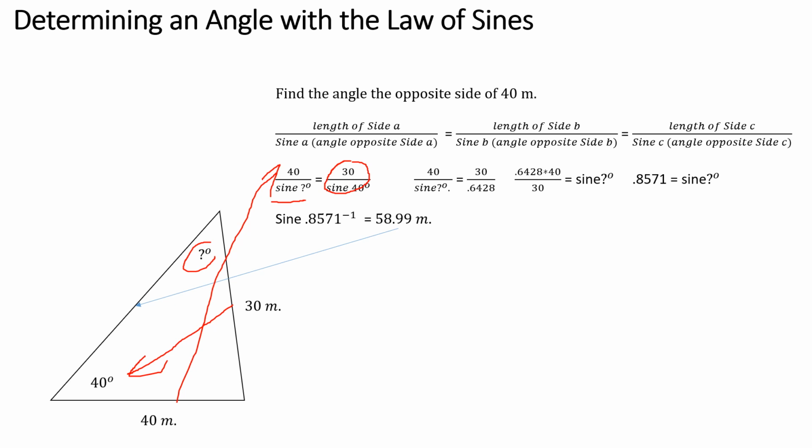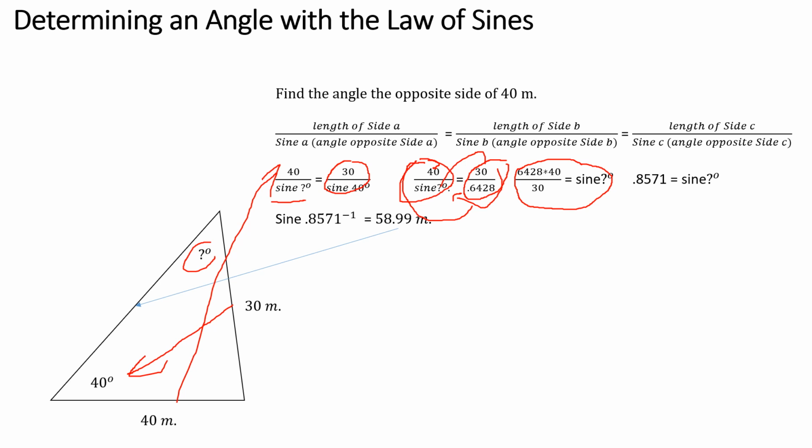When I rearrange this, I get 40 over sine of unknown equals 30 over sine of 40 degrees, which is 0.6428. Multiply this over here, divide by the 30, and move the sine up over here.